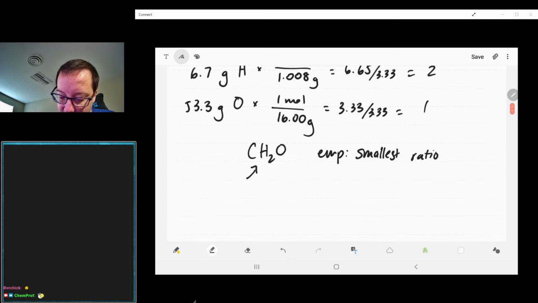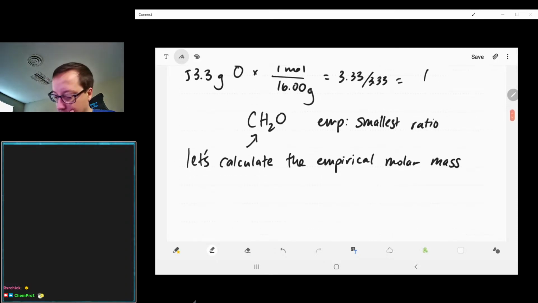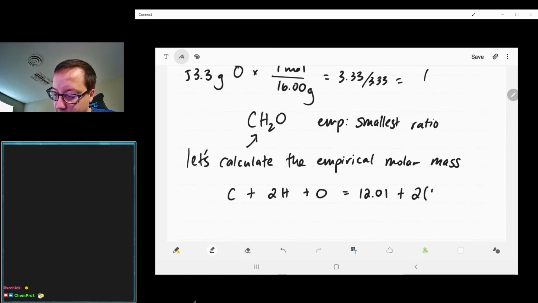So let's take a look at the molar mass of this guy. Let's find out the empirical molar mass. Empirical, wow, it's a disastrous spelling. Empirical molar mass. If we do that, it's going to be C plus 2 hydrogens plus oxygen, which will be 12 plus 2 times 1.008 plus 16.